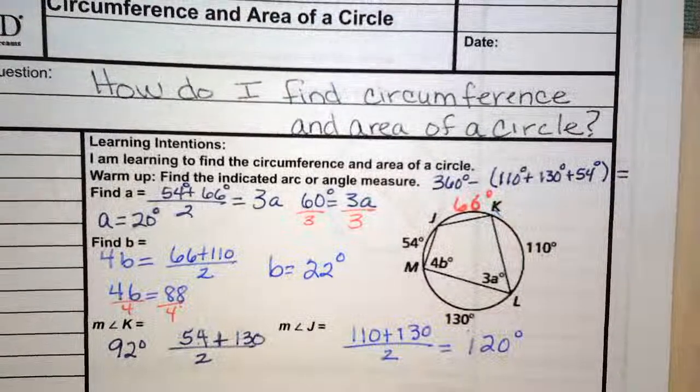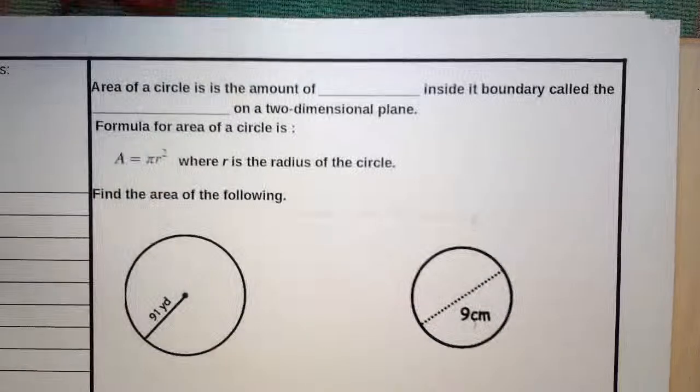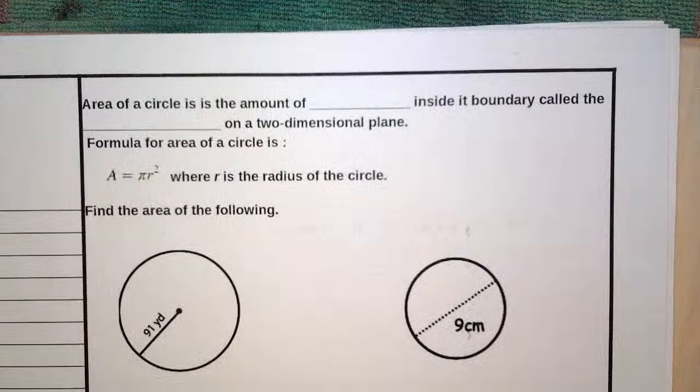And what about the area of a circle? The area of a circle is the amount of space inside its boundary, called the circumference, on a two-dimensional plane.